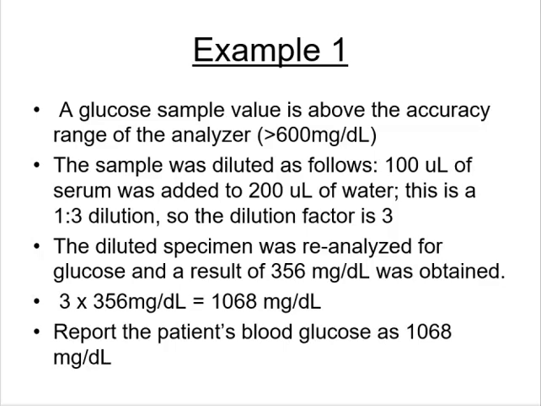The diluted specimen was reanalyzed for glucose, and the result was 356. So you take the dilution factor of 3, multiply it by the 356, and you get the true result for glucose of 1,068 milligrams per deciliter. So you can report out the patient's blood glucose as 1,068.